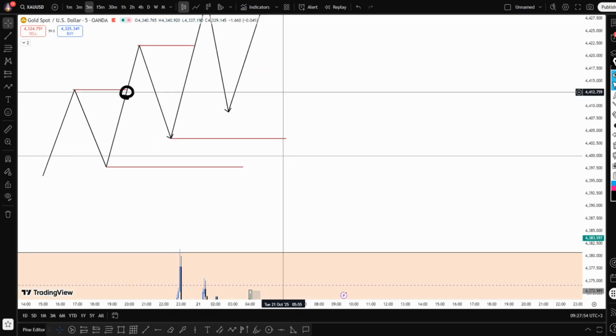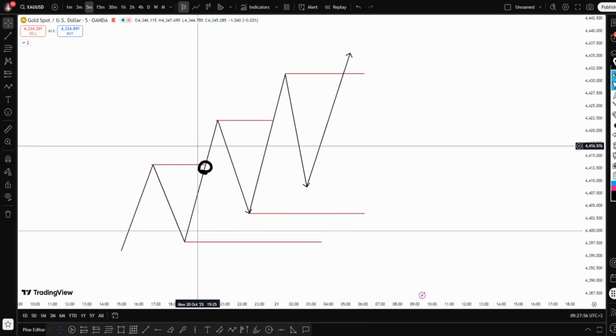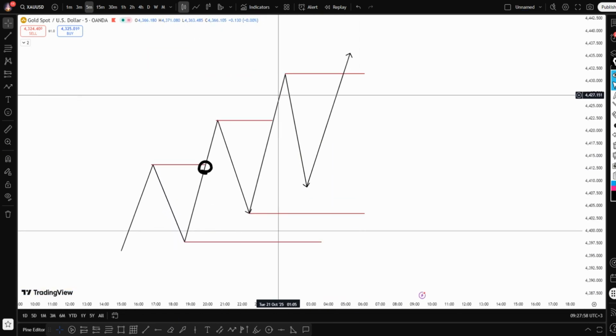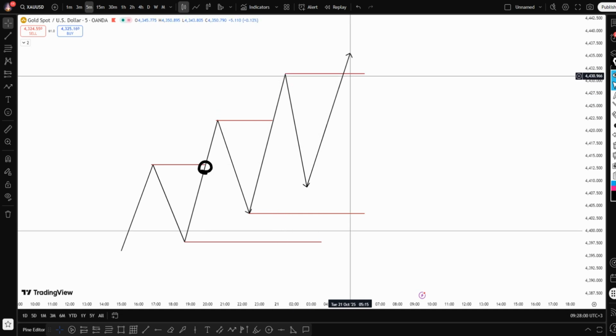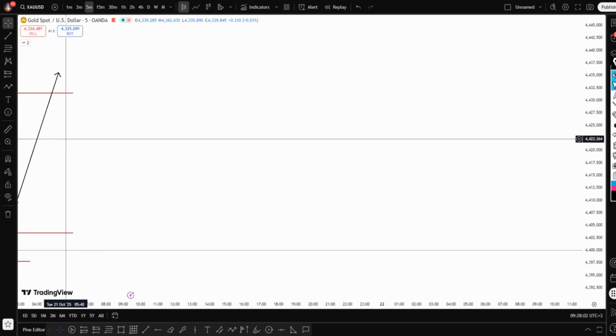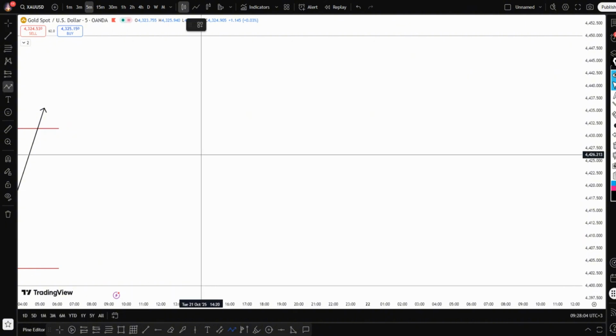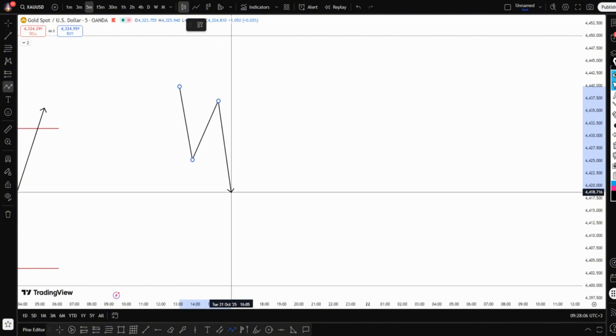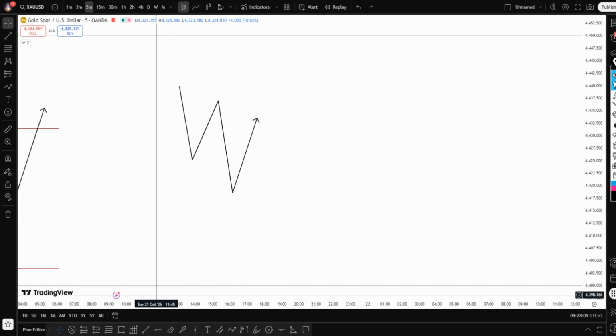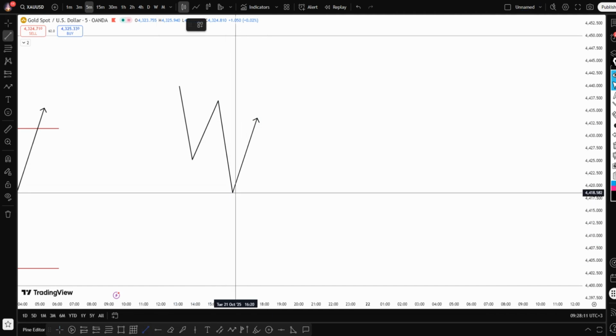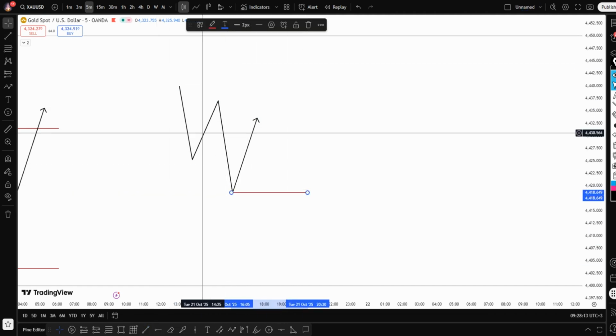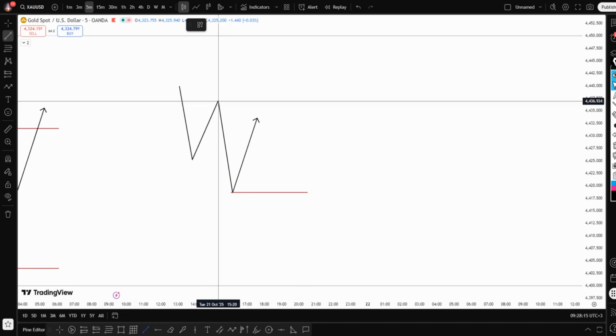Now we know that this market will be uptrending, and when it's uptrending, we target the highs. The highs, that's where liquidity rests. And the same is equally opposite in a downtrending market. So we are downtrending, and at that point we have liquidity resting here, and liquidity resting there.